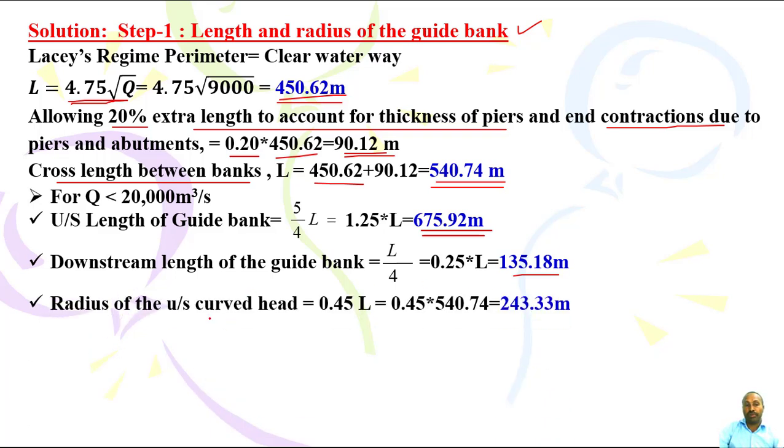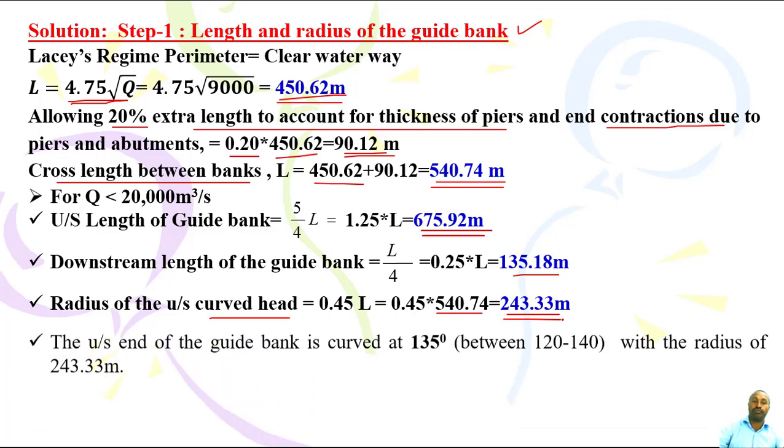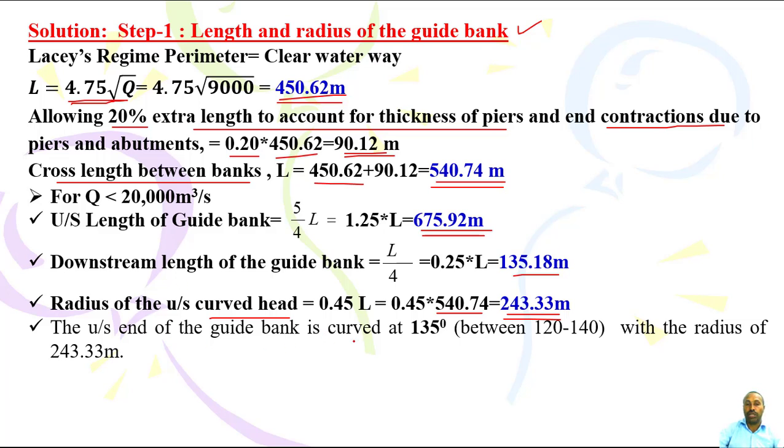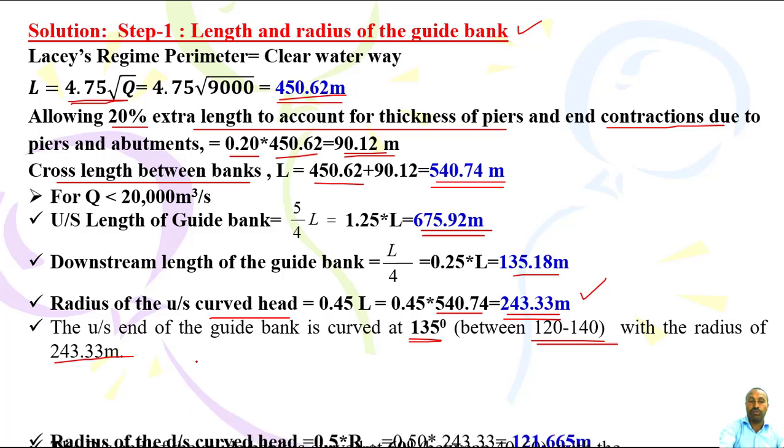Then radius of upstream curved head, which is 0.45 times the length. You get this length already, you have cross length. Then you get 243.33 meter. Then the upstream end of the guide bank is curved at 135 degree, already given. So it should be between 120 and 140 degree with the radius of curvature already computed for the upstream head, 243.33.